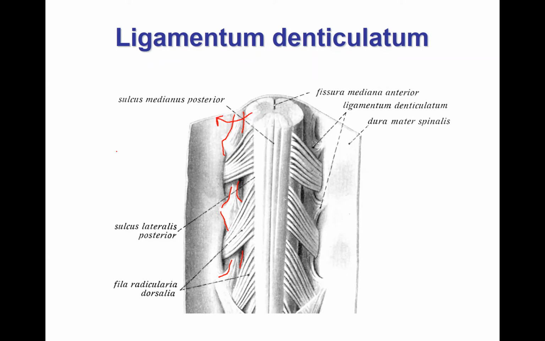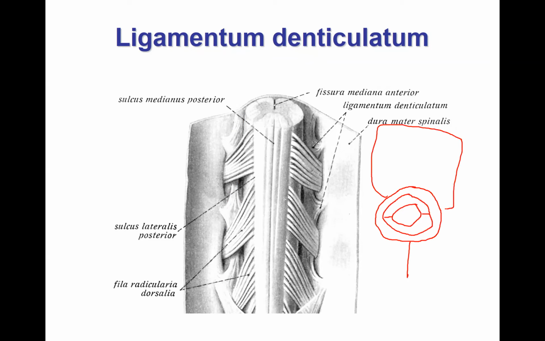So we have the spinal cord, then the denticulate ligament, and a dural sac, and a vertebral canal. And the body is here. So this is the body.